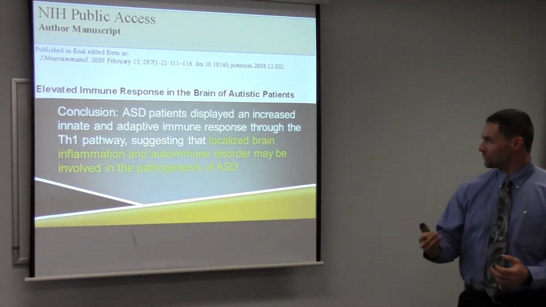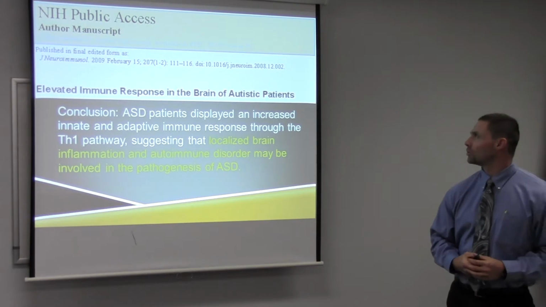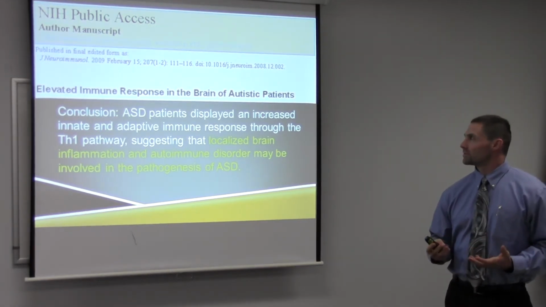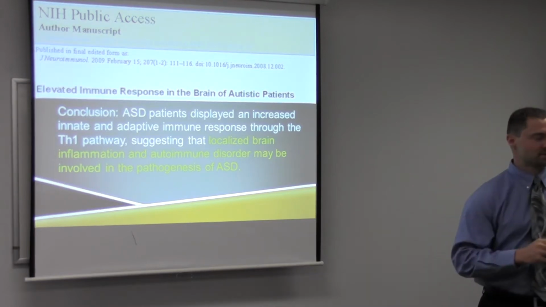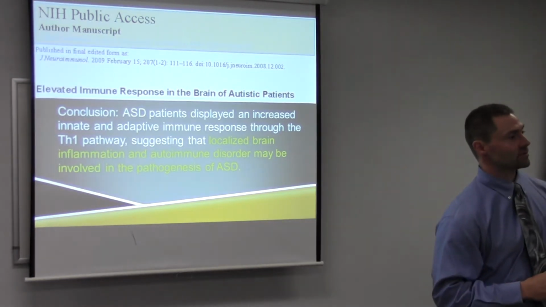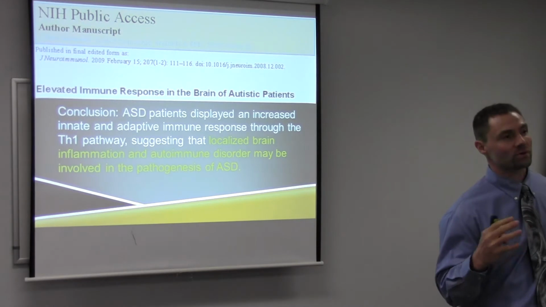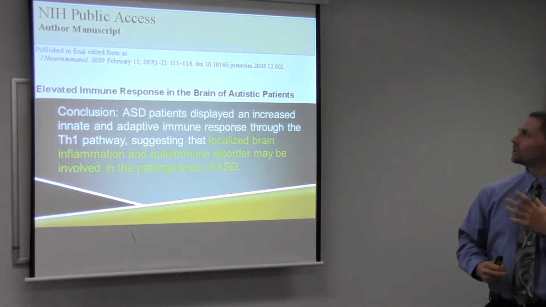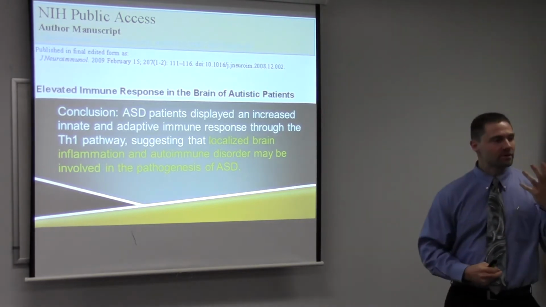And just to further drive that point home, you get this elevated immune response in the brain of autistic patients. Okay, we're going to talk about this not just in terms of brain tissue, but in other areas of the body as well, and other areas of the nervous system. But you'll notice it's an elevated immune response.